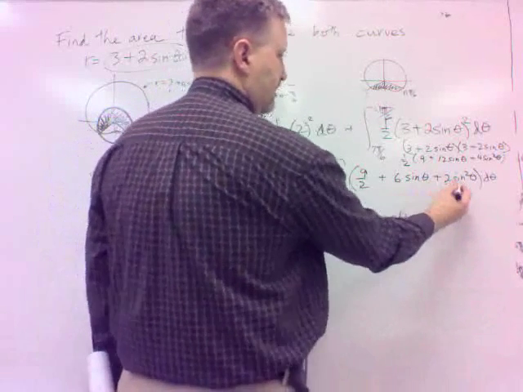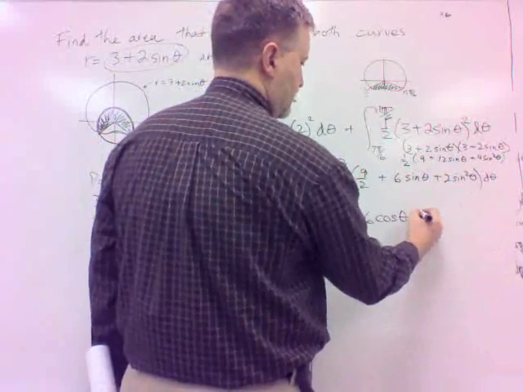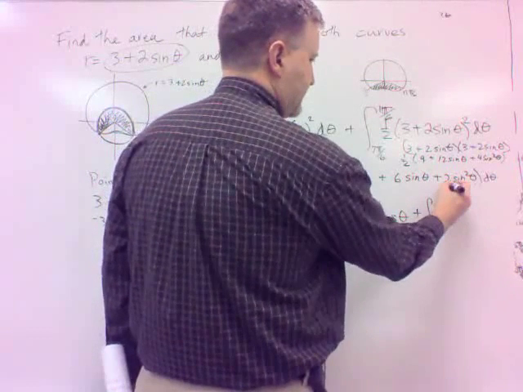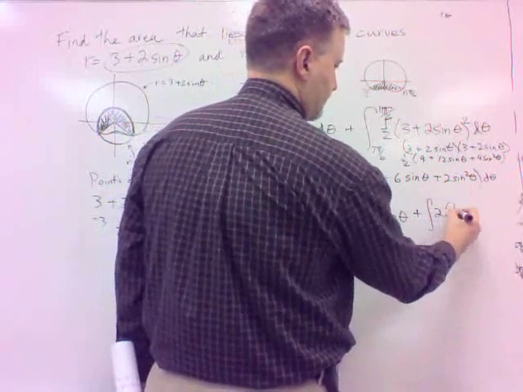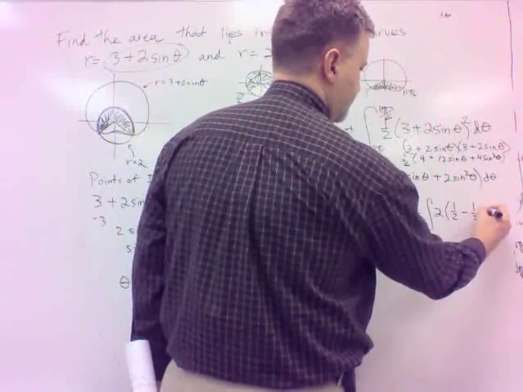And then this one is again our kink there a little bit. We're going to have to use the double angle: 1/2 minus 1/2 cosine 2 theta.